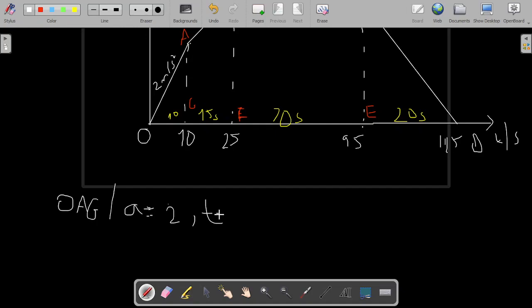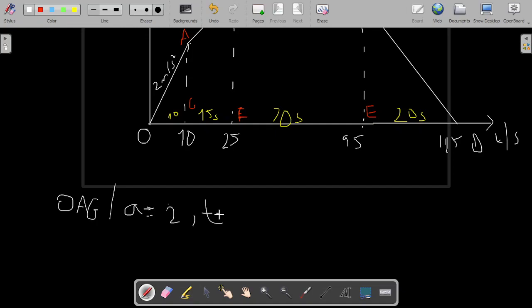So we can obtain the value of the velocity v by using the first equation of motion, v equals u plus at. Then v equals u, the initial velocity. Since the body starts from rest, it starts from velocity 0. So v equals 0 plus the uniform acceleration of 2 times the time, which is 10 seconds.